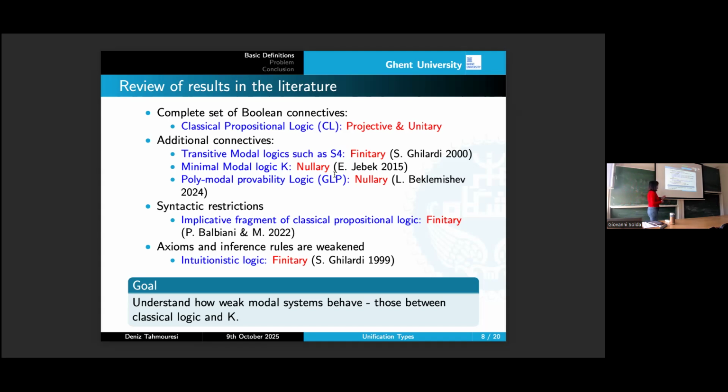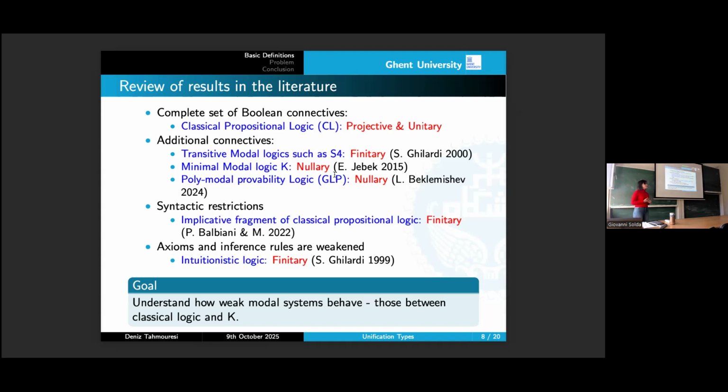And when the axioms and the inference rules are weakened, for example, as in intuitionistic logic, then the unification type can also change. So coming from classical logic, when you add or remove some restrictions, the unification type can become complicated.